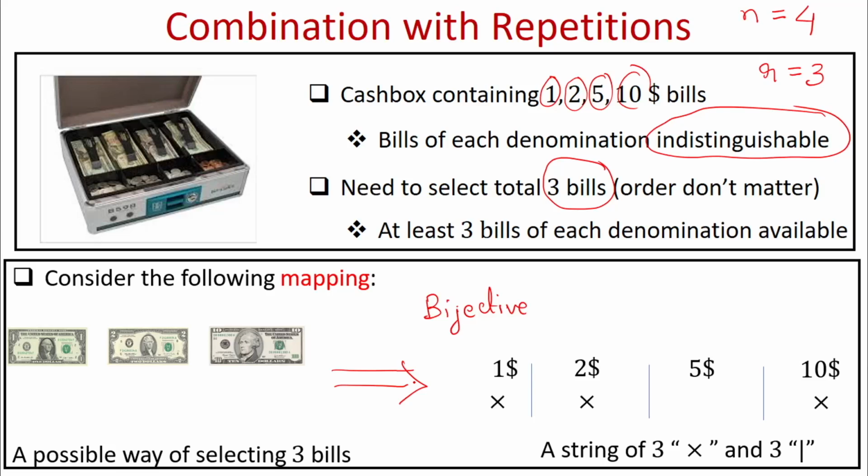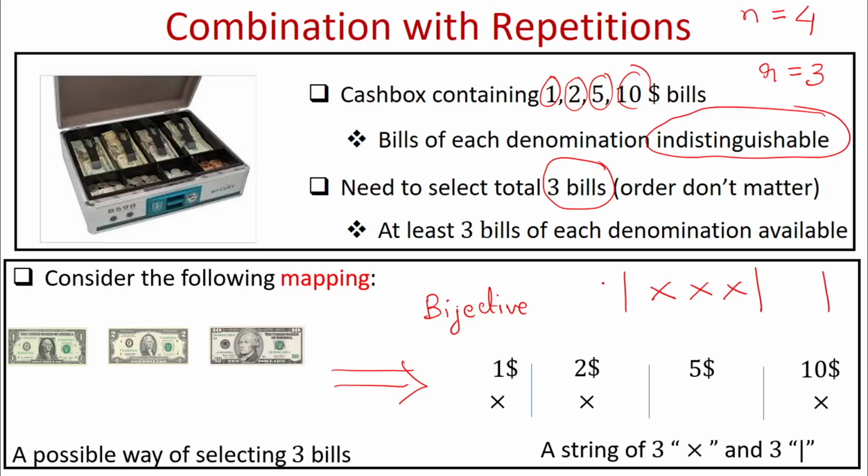So for instance, if you give me a string like this, then what is the corresponding way of picking three bills? Here no bill of type $1 will be picked, all three bills of $2 type will be picked, no bill of $5 will be picked, and no bill of $10 will be picked. So this mapping is surjective as well.